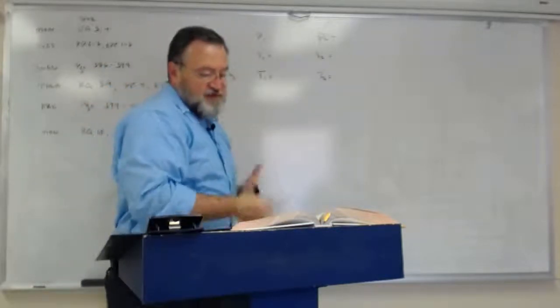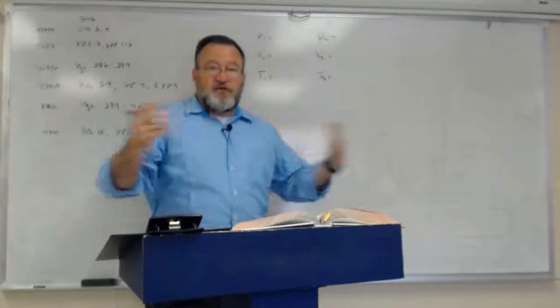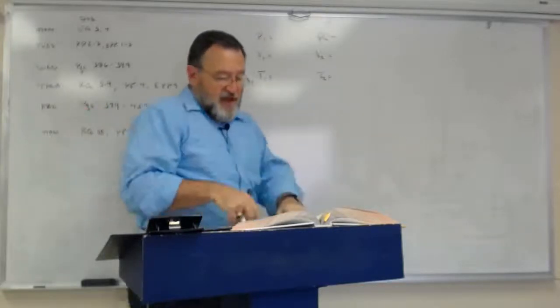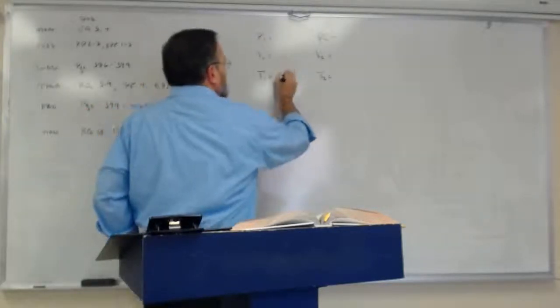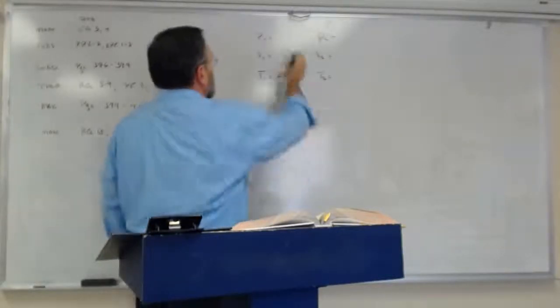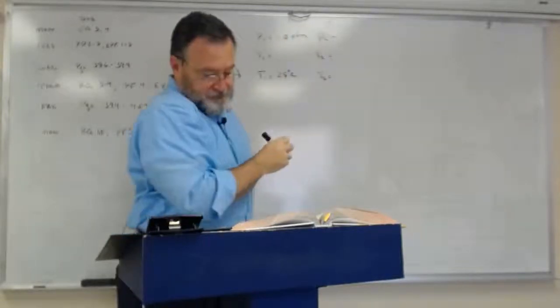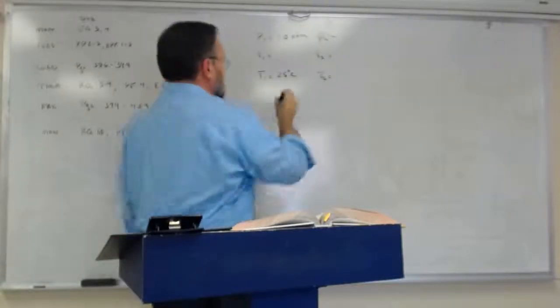A weather balloon is filled with helium before it's launched. Okay? Before it's launched on the ground. So on the ground, the gas has a temperature of 25 degrees Celsius and a pressure of 1 atmosphere. The volume of the balloon is 4.5 meters cubed.